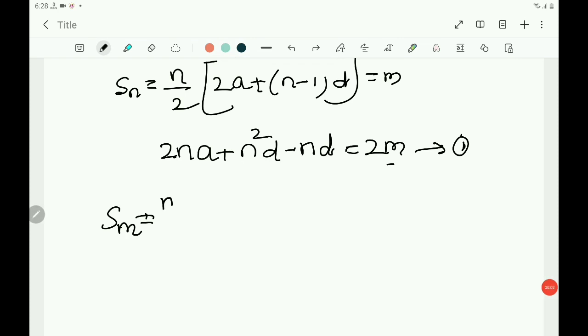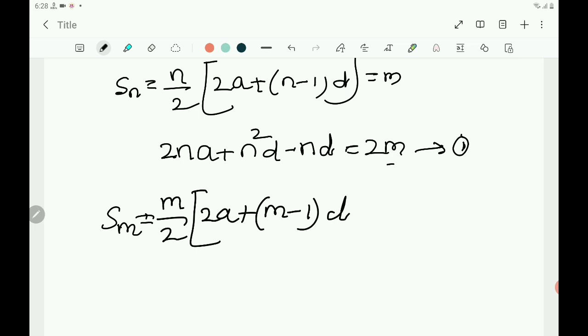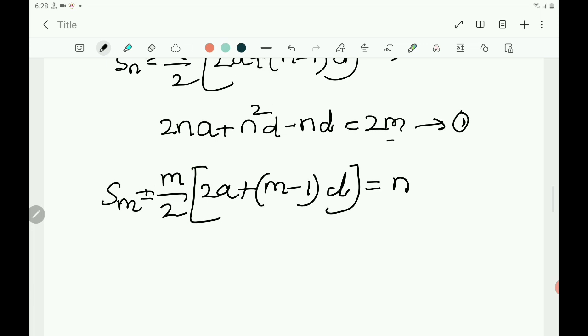Sm is equal to m by 2 into 2a plus m minus 1 into d, equals n. Same thing you have to do here. Multiply each term by m.